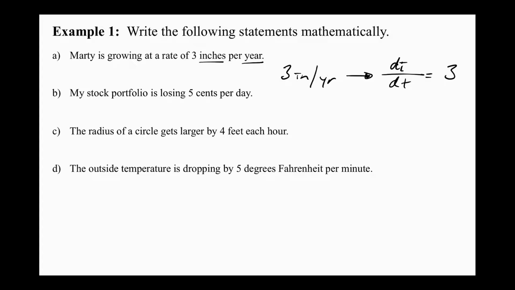All right. My stock portfolio is losing 5 cents per day. If it's losing, that means the rate is going down, so it's going to be minus 5 cents. Or I should write it as a decimal.